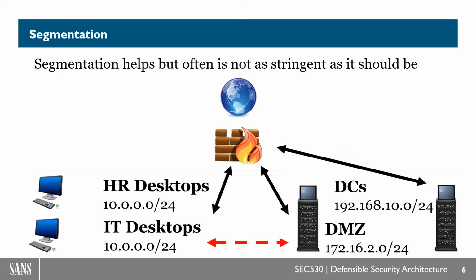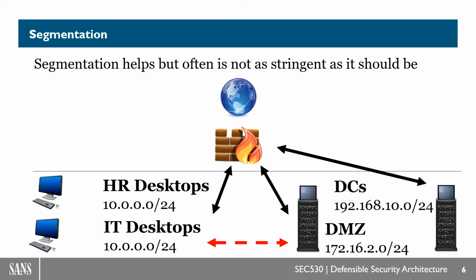Now, to put this into perspective, when we're dealing with the inside of a network, nowadays we still have things like segmentation. Maybe human resources is on one subnet, maybe IT desktops get a different one, we have domain controllers, we have a DMZ, we have zones. But even there, segmentation is a step towards the right thing, but if the only thing separating the segments is the subnet itself, it's not enough controls.